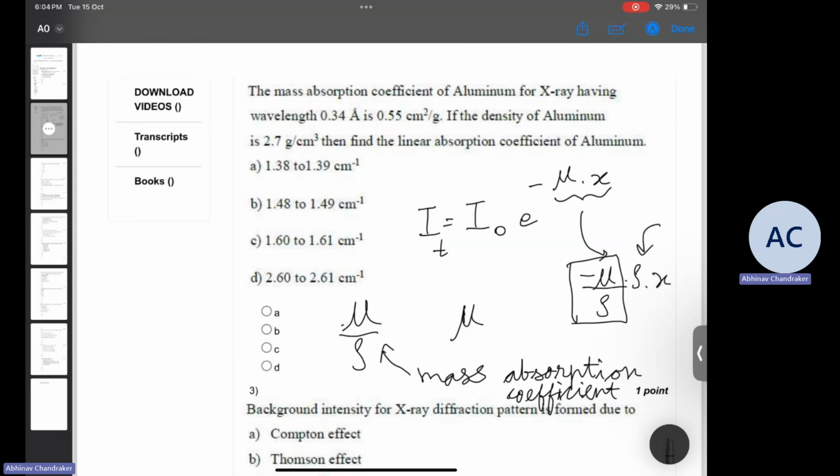To get the answer for this question, we have been given this value 0.55 for mass absorption coefficient, which is mu by rho, and we have been given the value of density. So we can calculate mu as equal to 0.55 into 2.7.